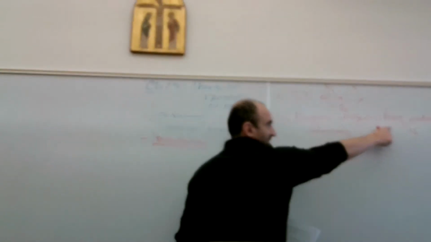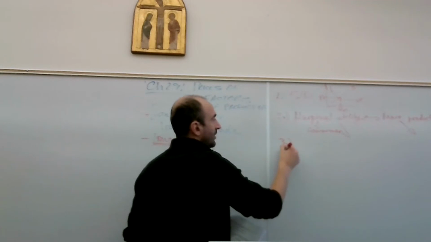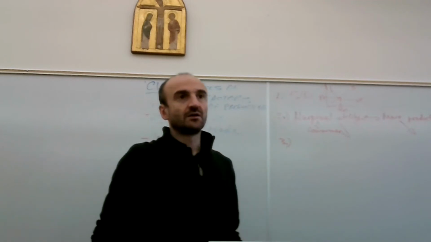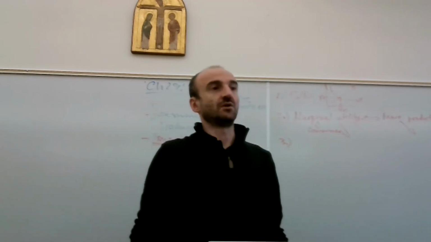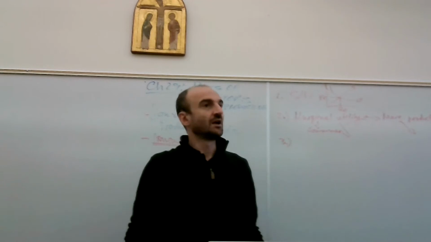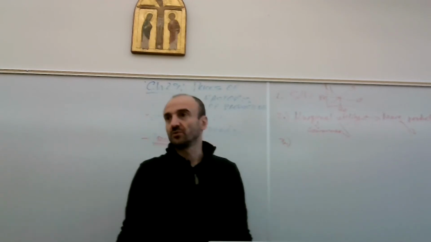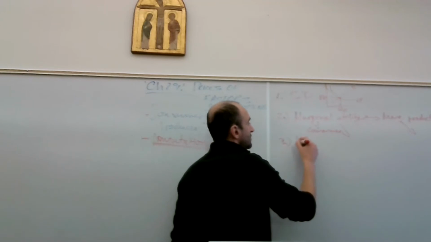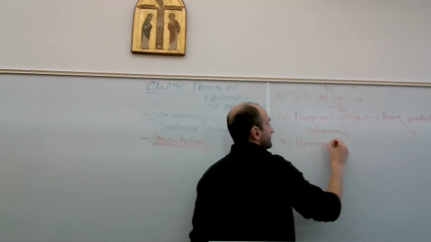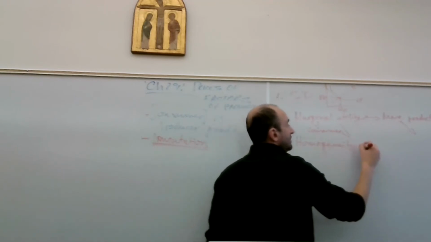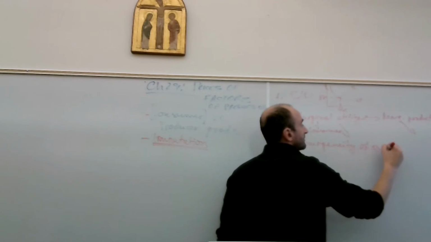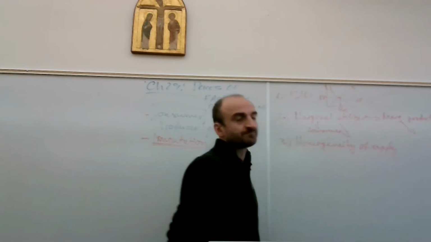In order to more precisely define this, we need the principle also assumed in the theory of consumer goods that we're now going to adopt for the production theory. That's the assumption of homogeneity. Homogeneity of supply. What does that mean?